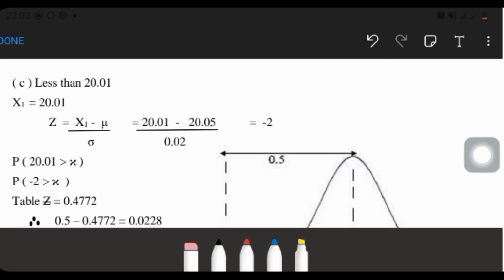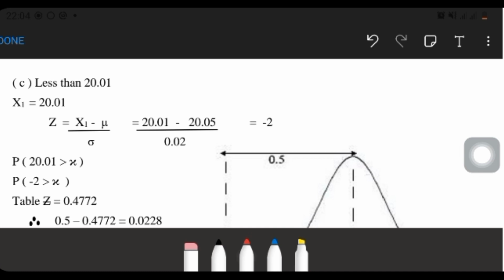Let's talk about part C. It asks us to solve for less than 20.01. So there is only one standard value here. I name x1 as 20.01. So I use the equation z equals x minus mu divided by sigma.